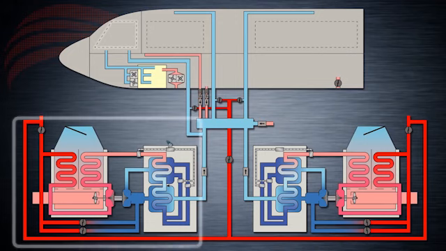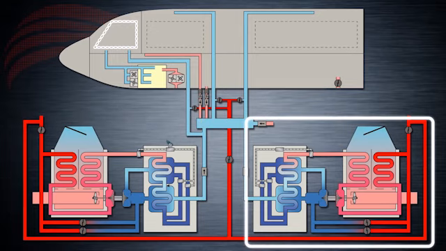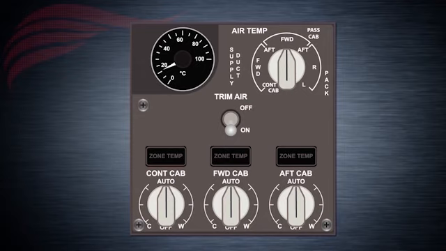The flight deck is supplied with conditioned air from the left air conditioning pack. If the left pack becomes inoperative, the flight deck automatically receives conditioned air from the right pack. Flight deck temperature may be selected differently than the passenger cabin with the control cabin temperature selector that has 2 positions. Automatic: temperature is automatically controlled.